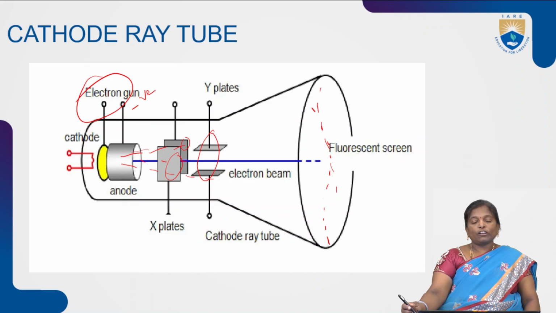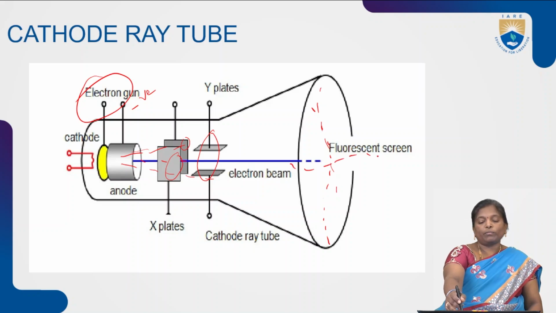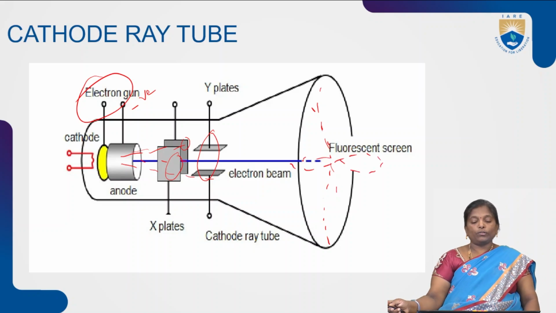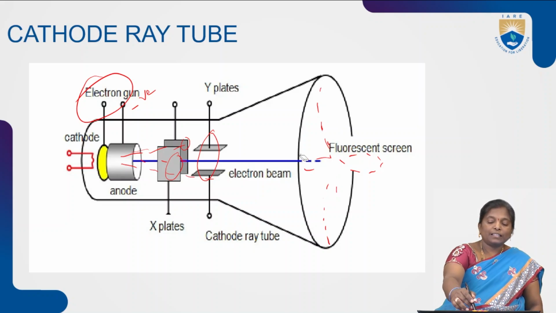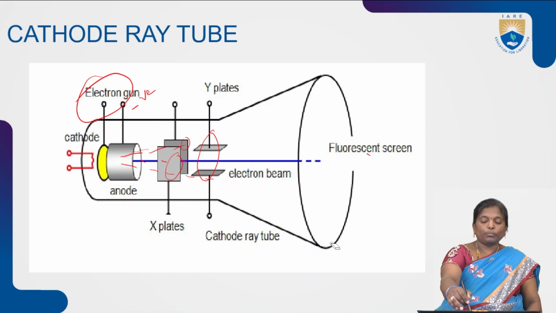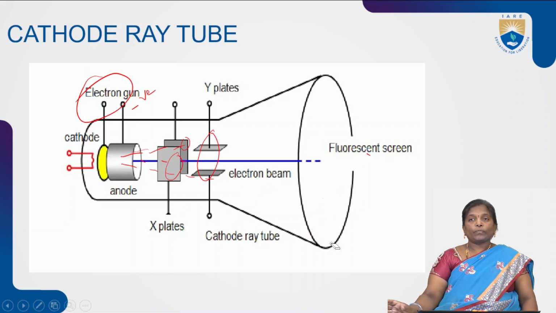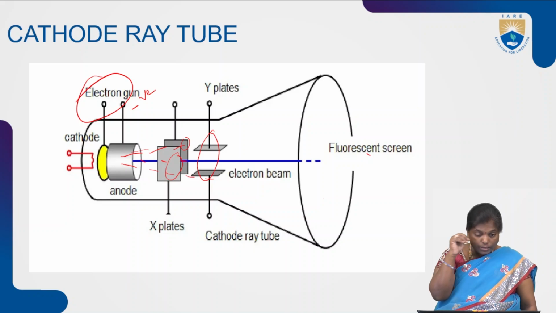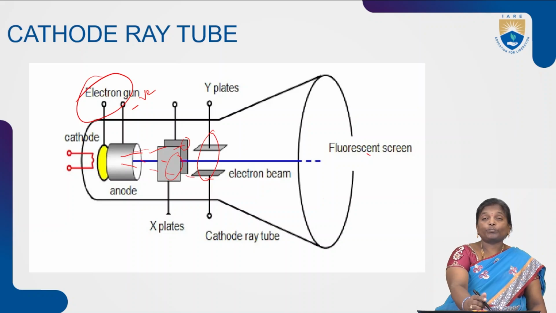Similarly, the electron beam moves horizontally from left to right and right to left. Like this, the vertical and horizontal deflection plates produce the electron beam spot movement vertically and horizontally.